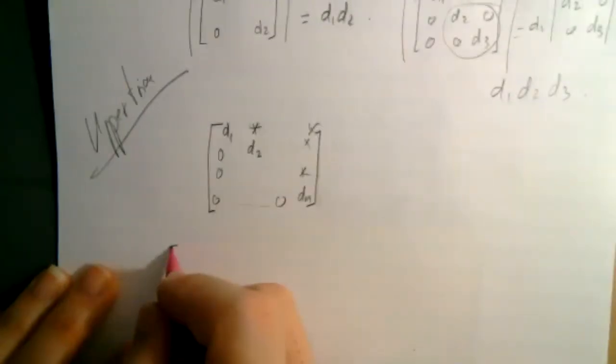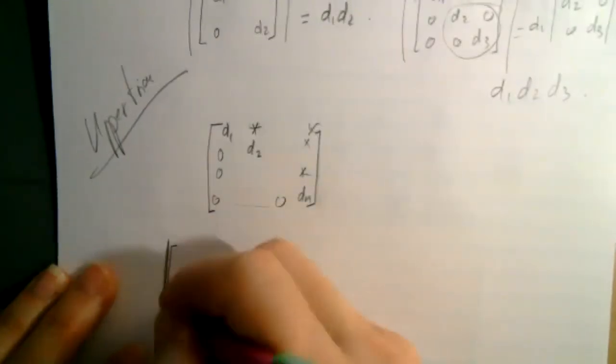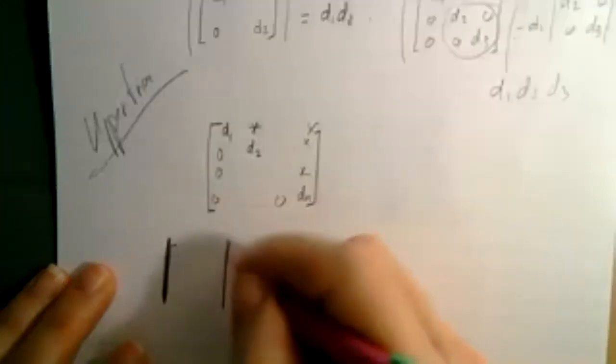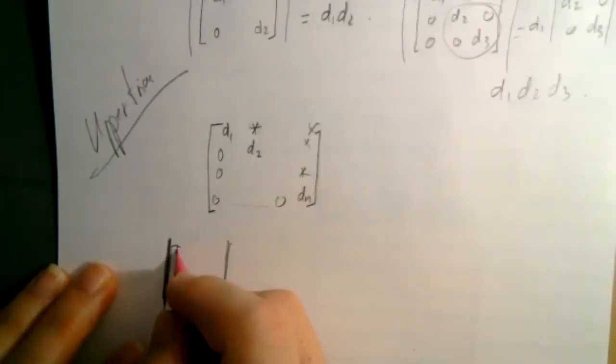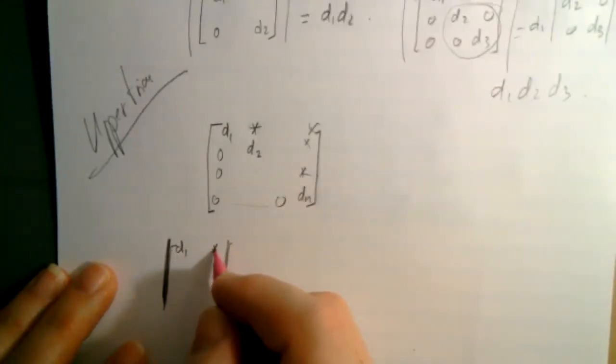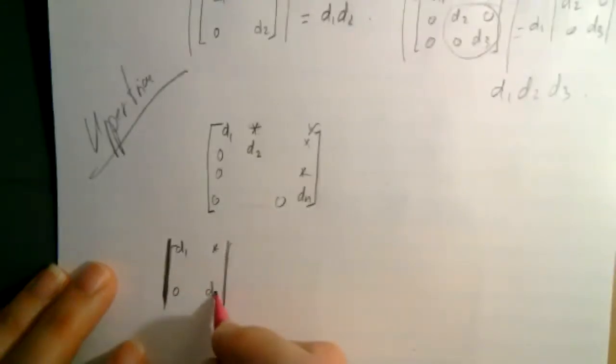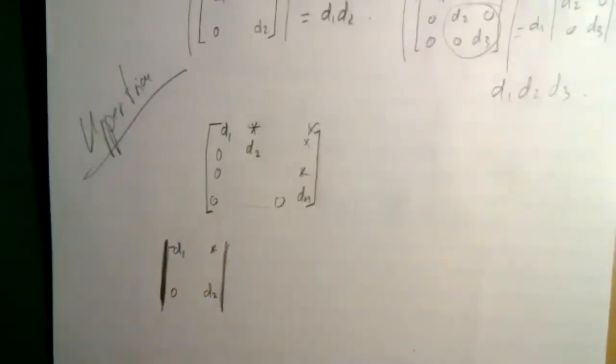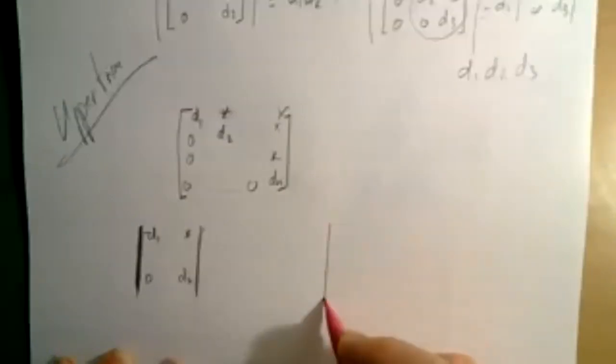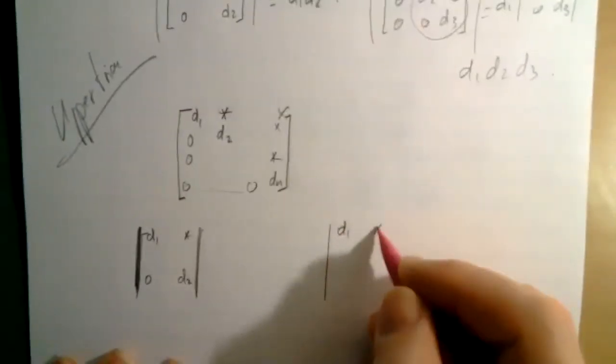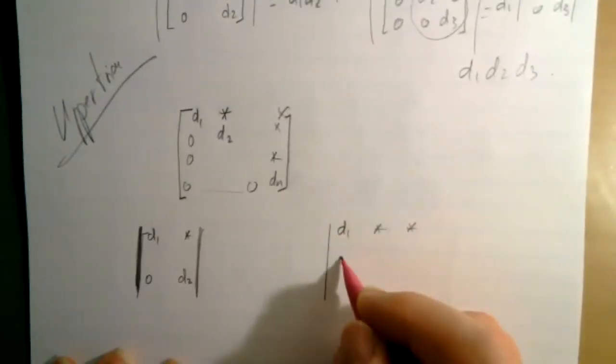We're going to start analyzing the determinant of this matrix, and the only way I know how to do it is by building it up. If it is 2 by 2, it's 3 by 3.